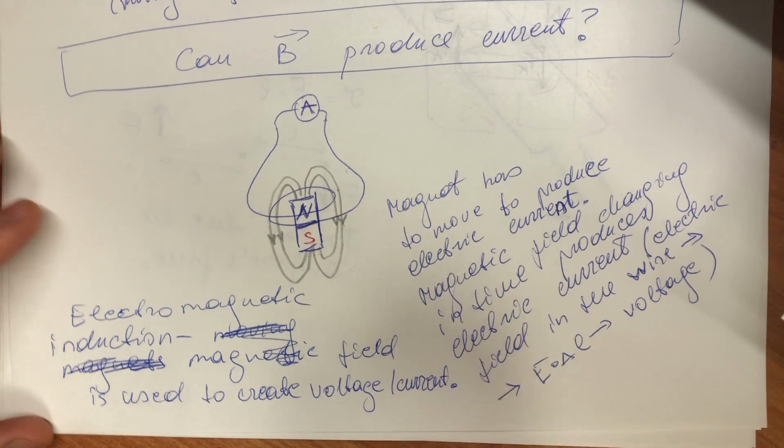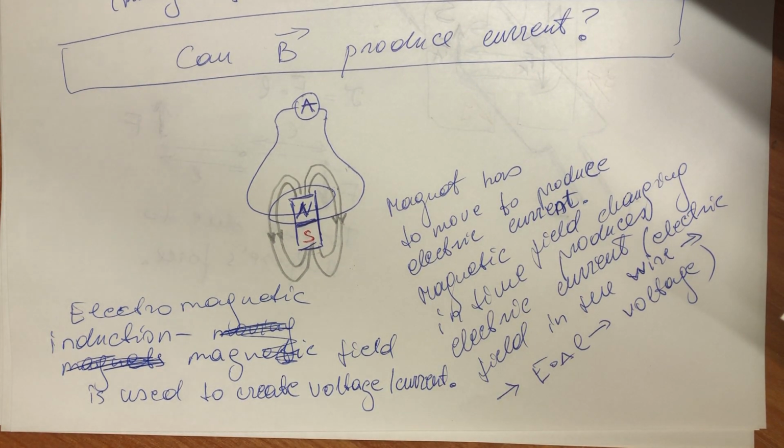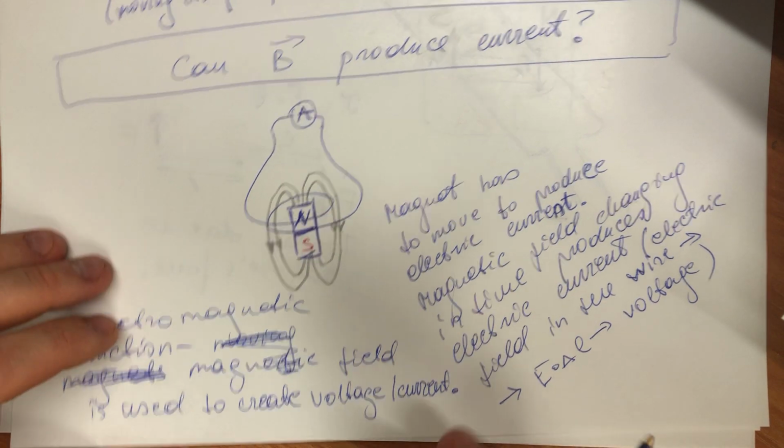So magnetic field is used to create voltage, so a changing magnetic field.